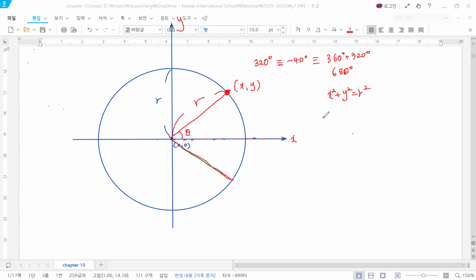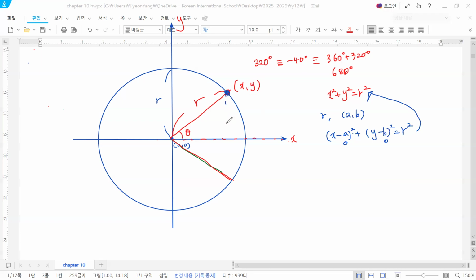The circle equation when the radius is r and its center is a comma b can be defined as x minus a squared plus y minus b squared equals r squared. Since its center is the origin, we substitute 0 and 0 for a and b, right? That's how we find the circle equation in this way. So every point on this circle, x and y, satisfies this equation.